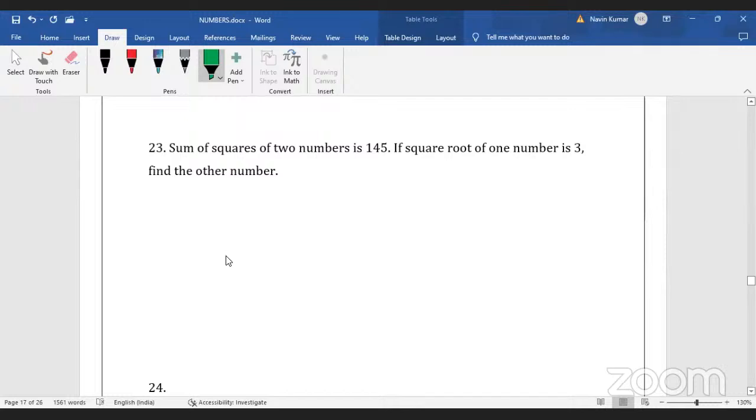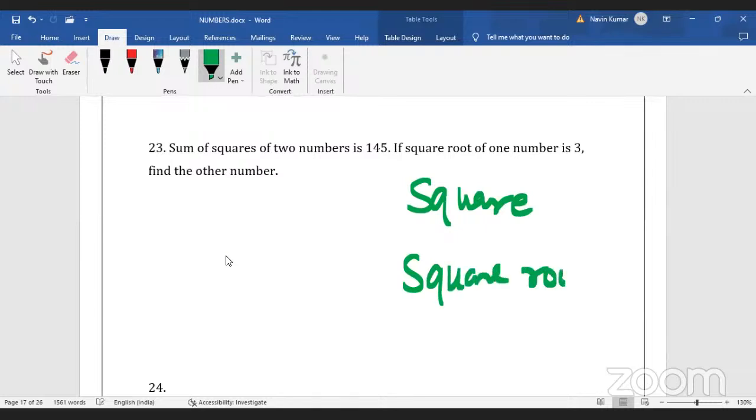You all understand the meaning of square and square root? This is called square root, right? And this is square, x square.